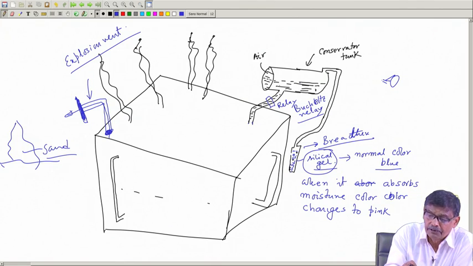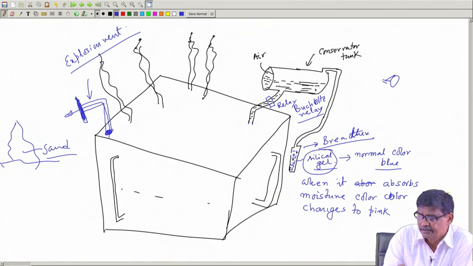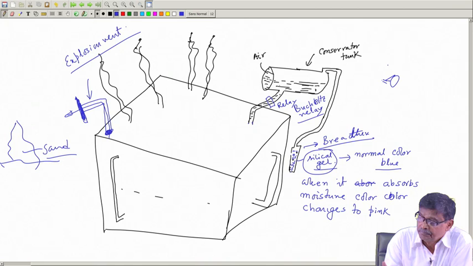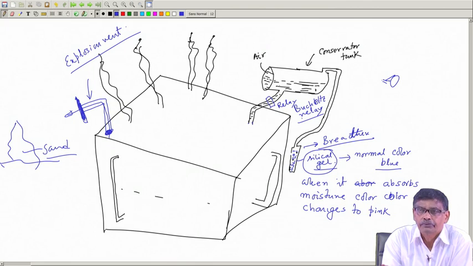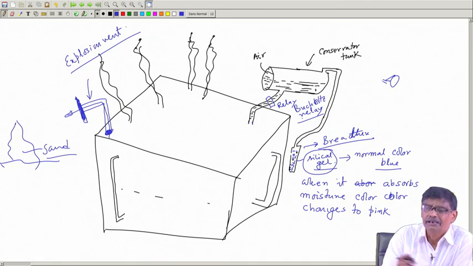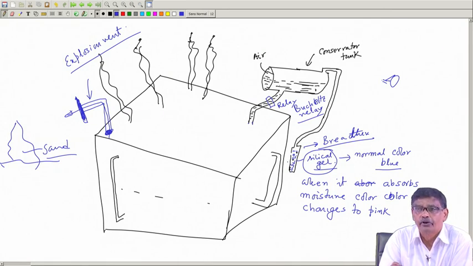In case of 3-phase transformers, 3 bushings will come out, and on the nameplate, KVA ratings and so on will be written, and there is a breather here, silica gel, through which air will be coming in when the transformer inhales, because during no load condition oil will become cooler, its level will fall, air will come in, and here is a gate which will not allow moisture to enter, and the color of silica gel will change from blue to pink and it will arrest the moisture here.